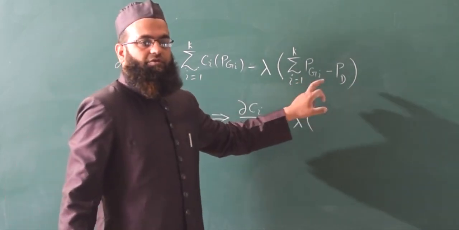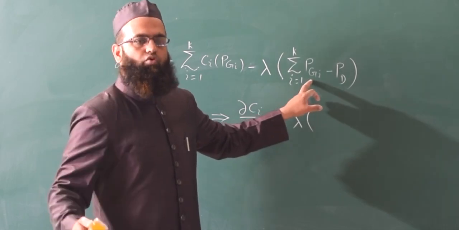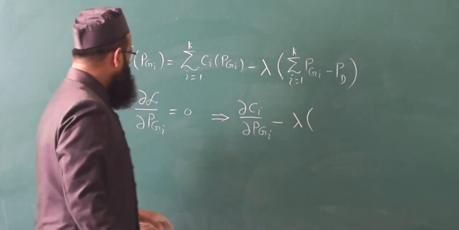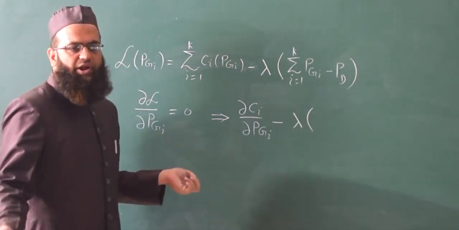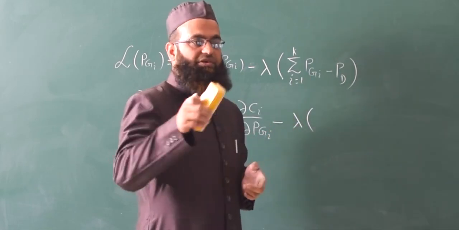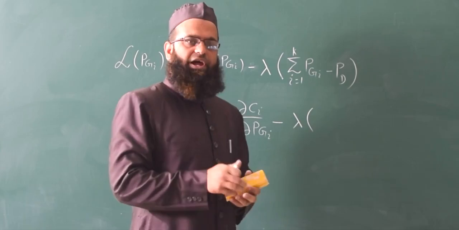What about this? This is Pg1, Pg2, Pg3 plus up to Pgk. So take any value of i, suppose Pg1. This will be Pg1 plus Pg2 independent of Pg1, Pg3 independent of Pg1, up to Pgk independent of Pg1. So you will get 1.